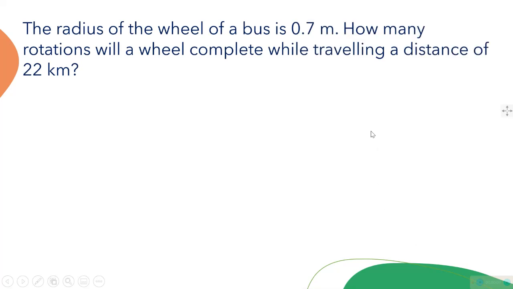Here is a situation from your textbook. What is given here? It is given that the radius of the wheel of a bus is 0.7 meter.